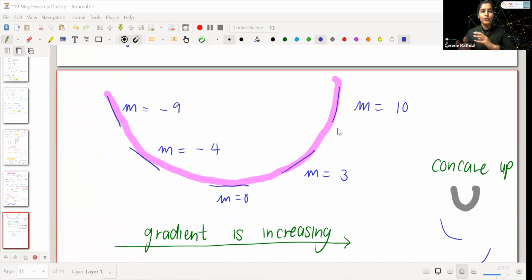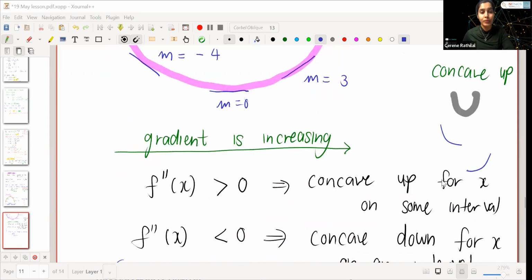So I'd like for you to kind of see this relationship happening. Previously we had the line rises and the line falls. So when the line rose, we had positive gradient, and when the line falls, we had negative gradient. And now we're saying that we're not talking about the line, we're talking about the gradient itself. So now gradient increases, gradient decreases. So when the gradient is increasing, concave up, gradient decreasing, concave down.